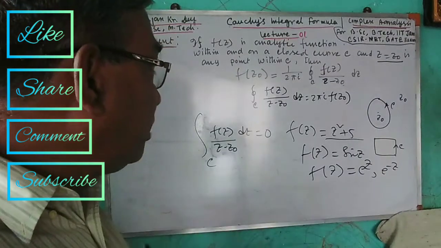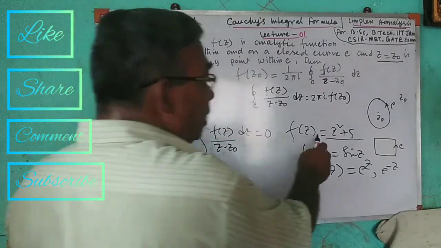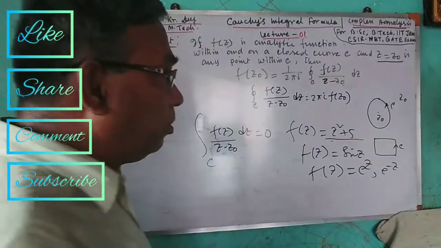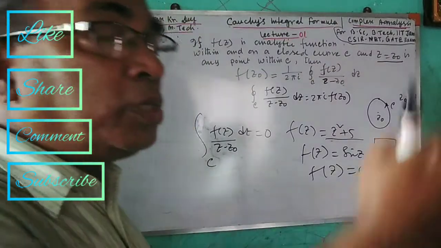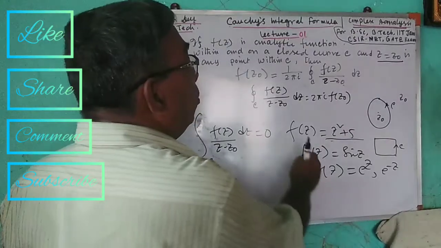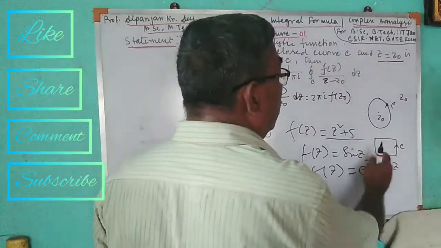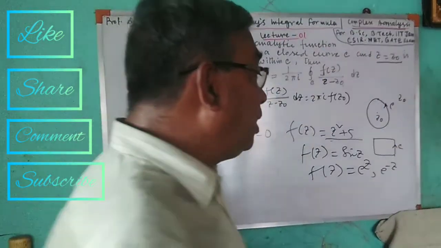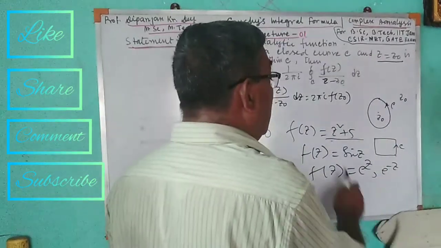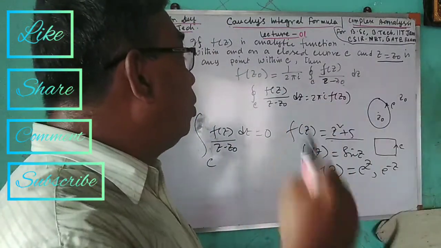Just try to understand: if there is no singular point, f(z) equal to z square plus 5 is always analytic. f(z) equal to sin z, e to the power z, e to the minus z, cos z are all always analytic functions.